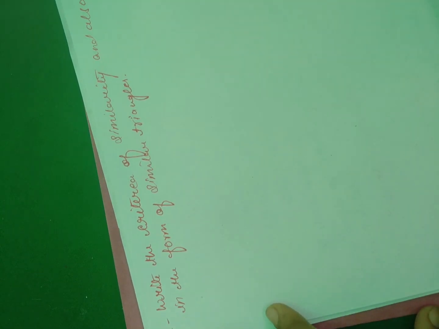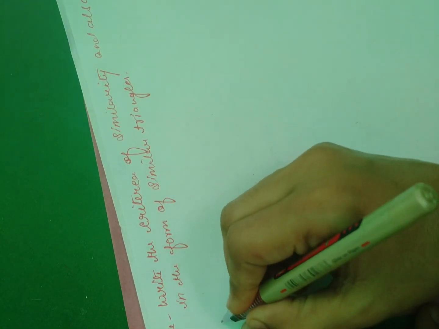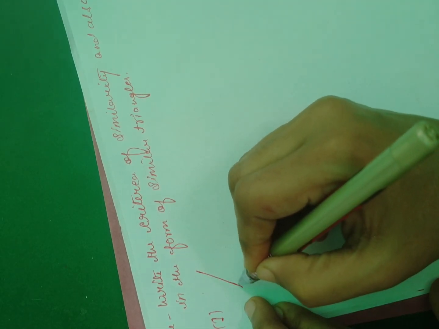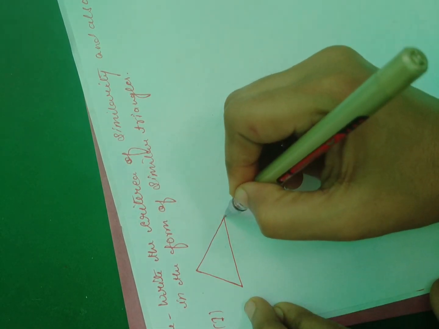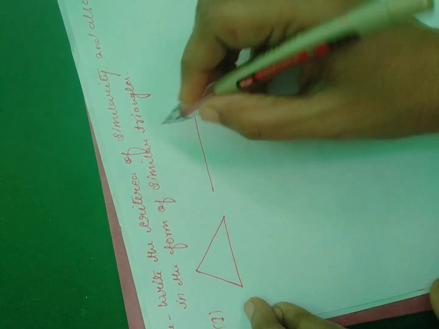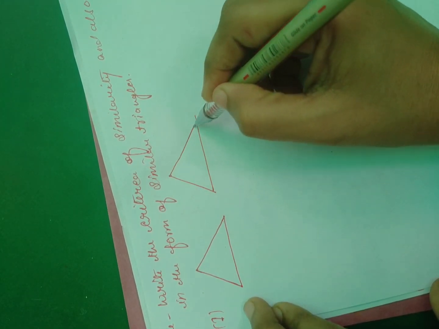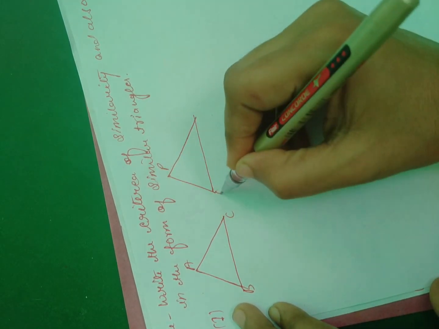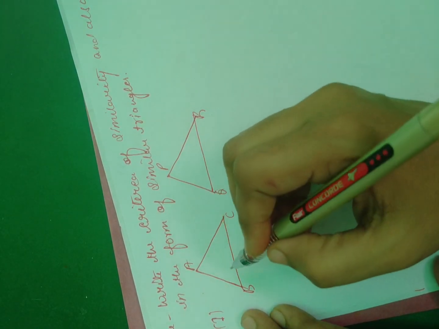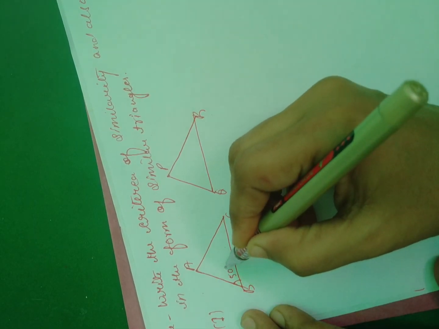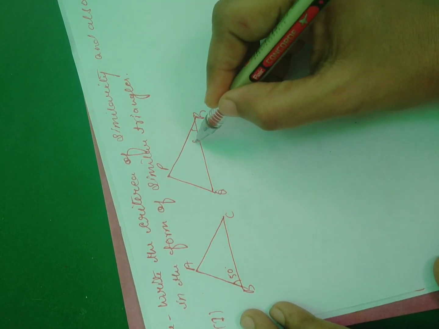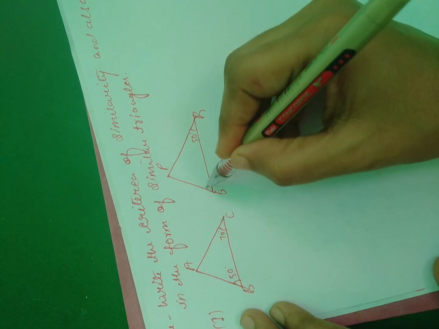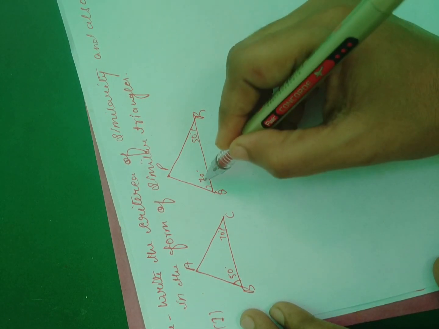So the first question is, there are two triangles. The angle B is 50 degrees and this angle is 50 degrees. This angle is 70 degrees and angle Q is 70 degrees.